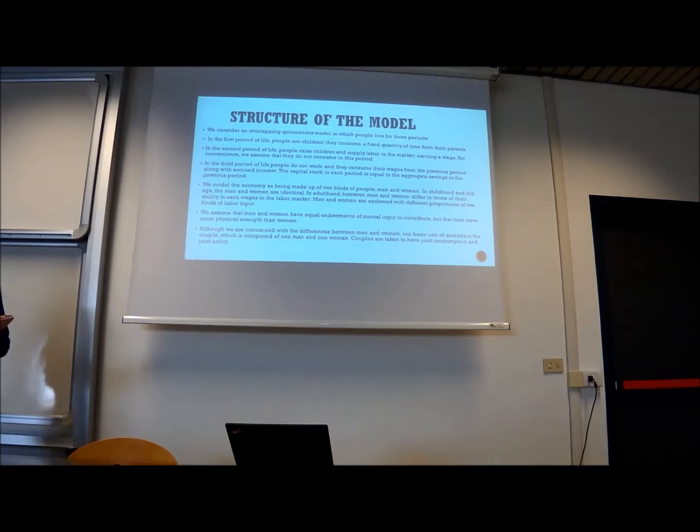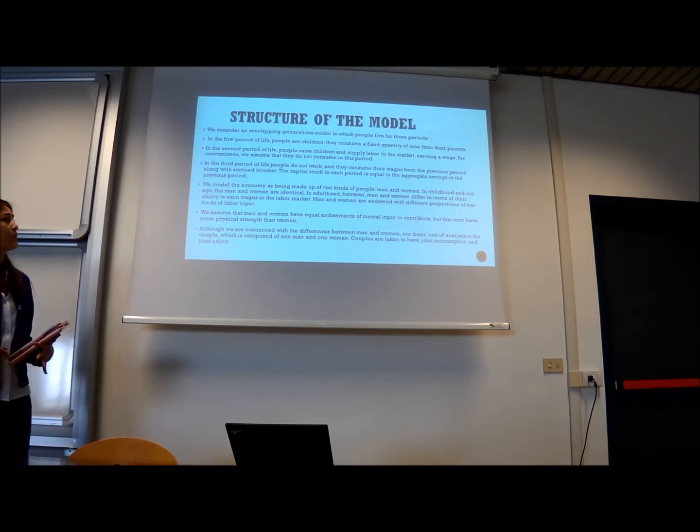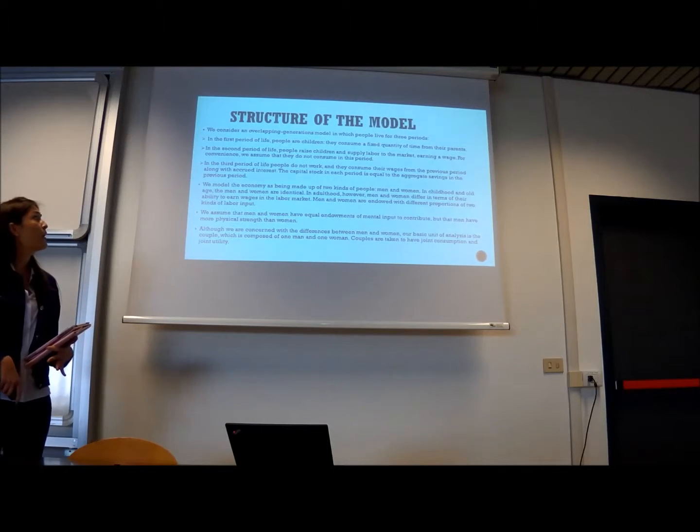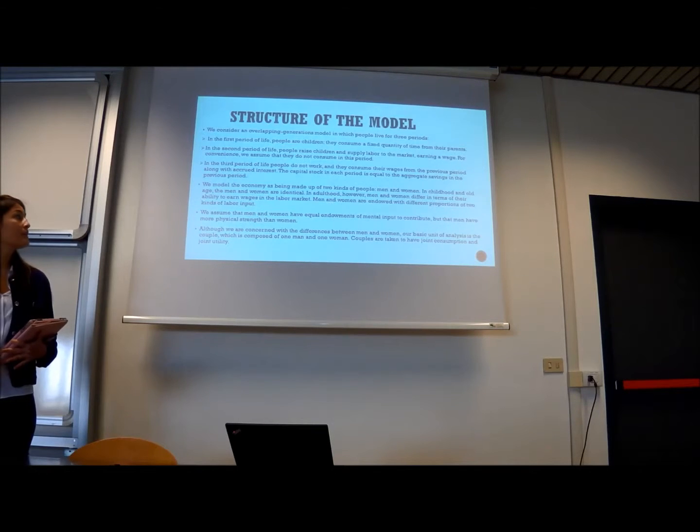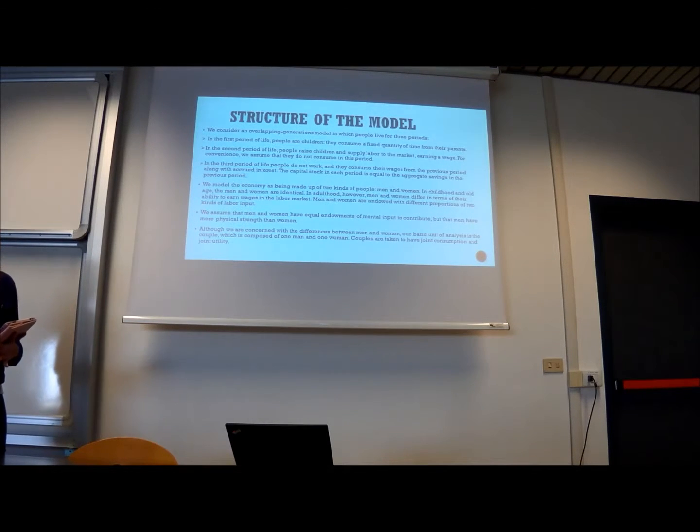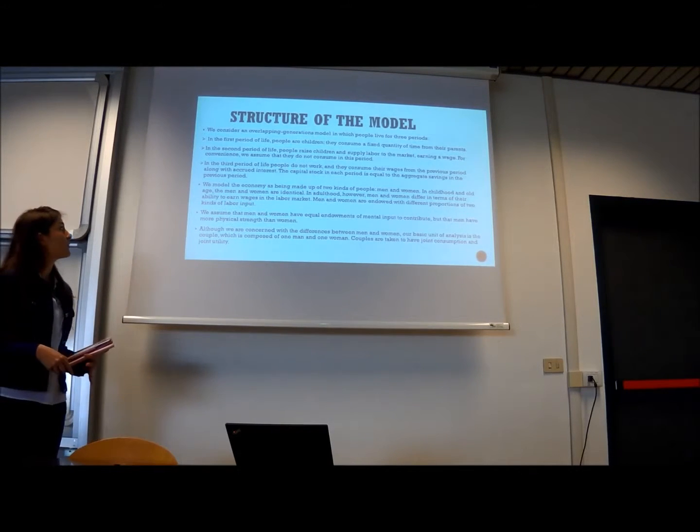For convenience, we assume that they do not consume in this period. Of course, that's not possible. In the third period of life, people do not work, and they just consume their wages from the previous period along with accrued interest. The capital stock in each period is equal to the aggregate savings in the previous period.